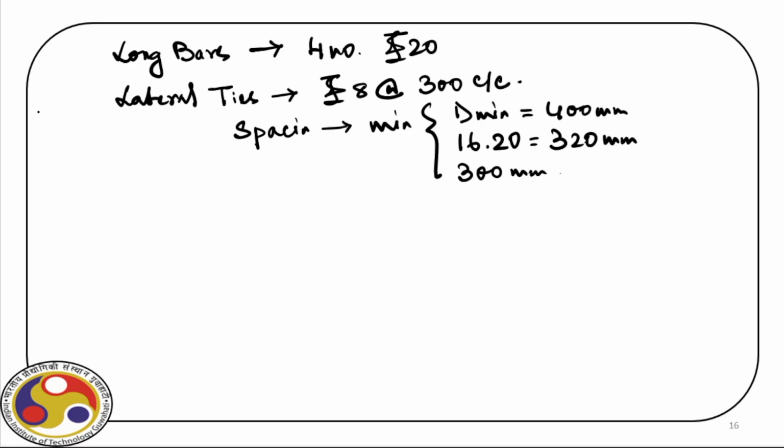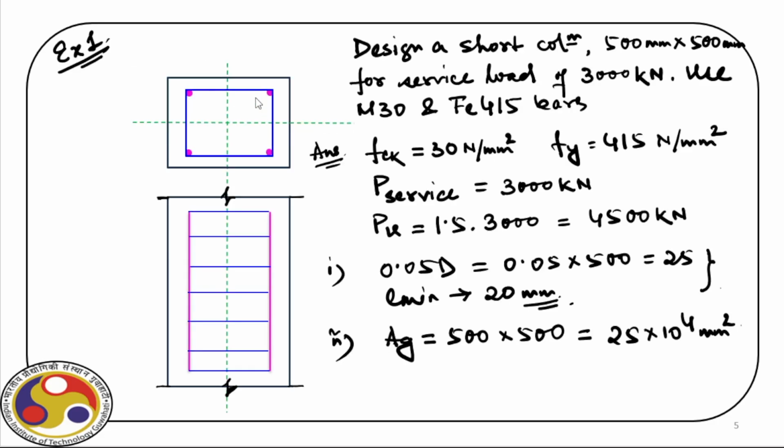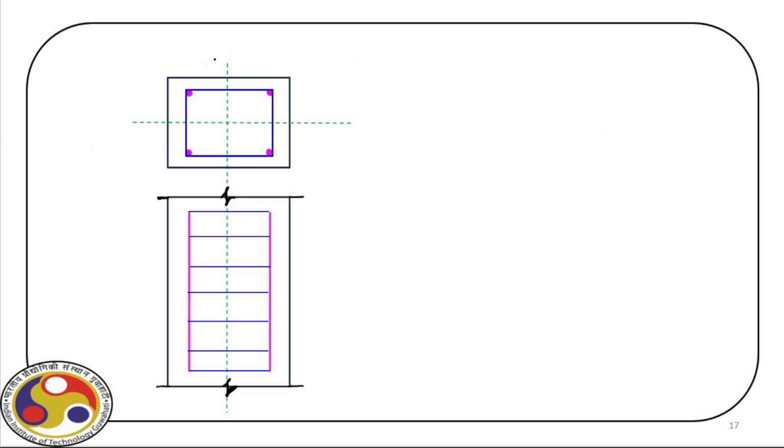Now let us complete the detailing. For this case, we have the rectangular column. So we have actually a square column because we have 400 by 400 ultimately. Then clear cover 40 millimeter.